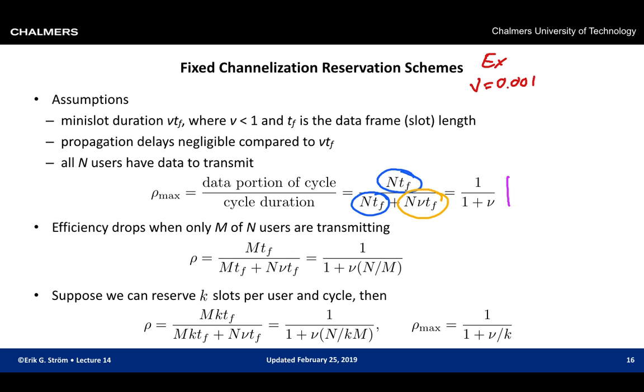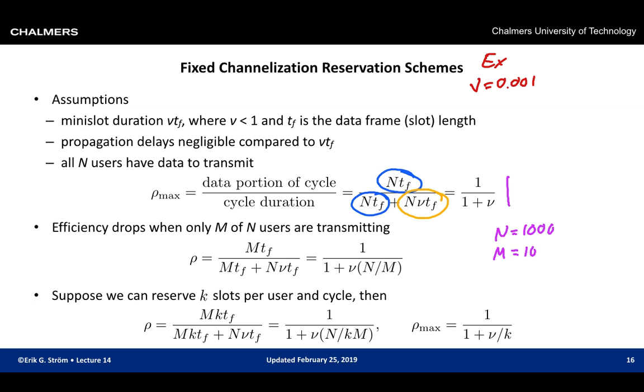Say that we have 1,000 users attached to the network, but at any given point in time, only 10 of these actually have data to transmit. That could very well be the case. Right now we have maybe 30 phones in this room. All of them are attached to the network, but maybe not all of them need the network at this point in time.